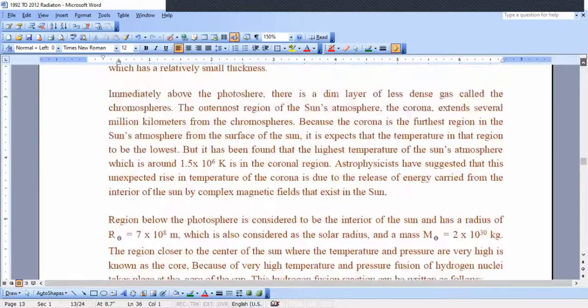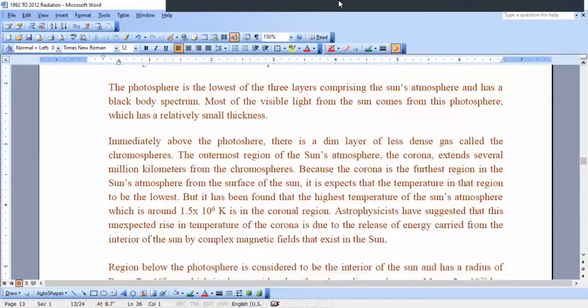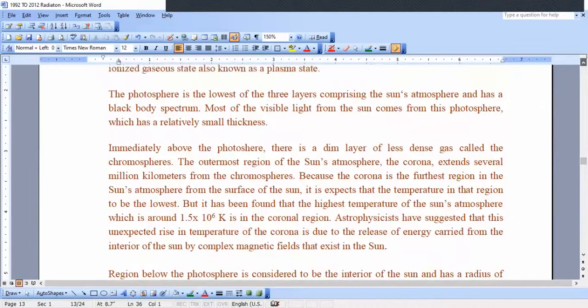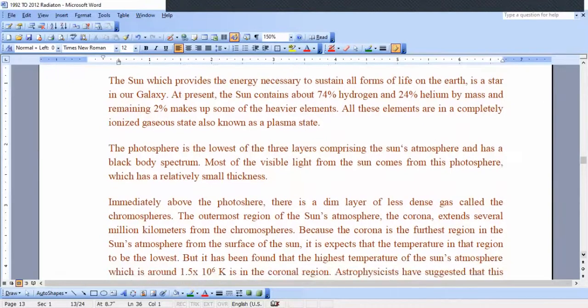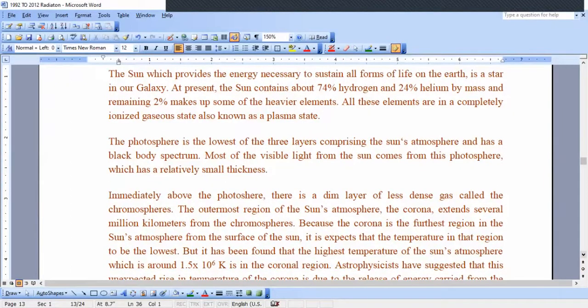If you go to this paragraph, they have given us a huge paragraph. Where is it? In the first paragraph, do we have the term plasma? Check. Ionized gaseous state, also known as plasma. Where is it here? In the first paragraph or second paragraph or third paragraph? I just want to highlight it.